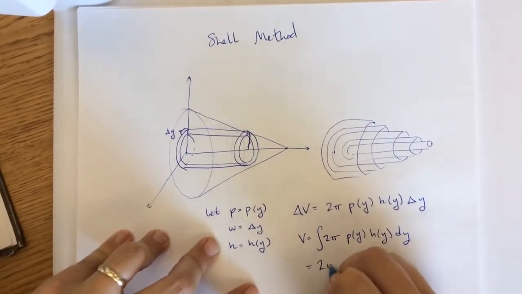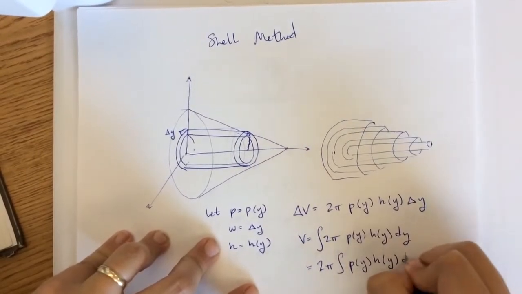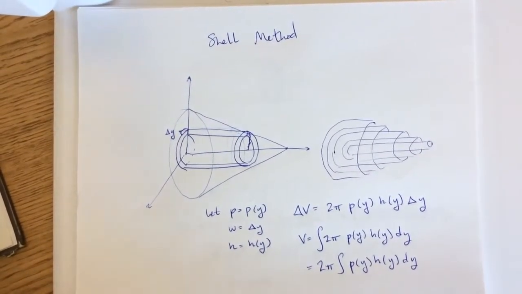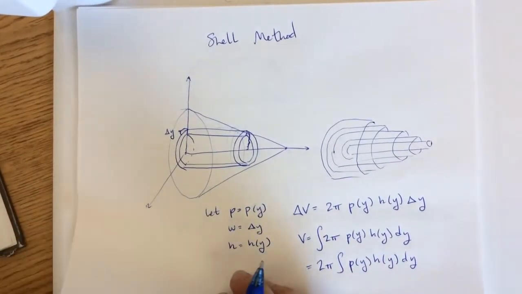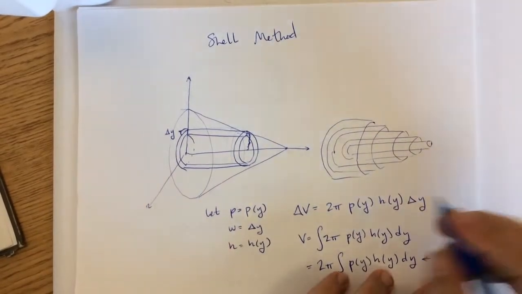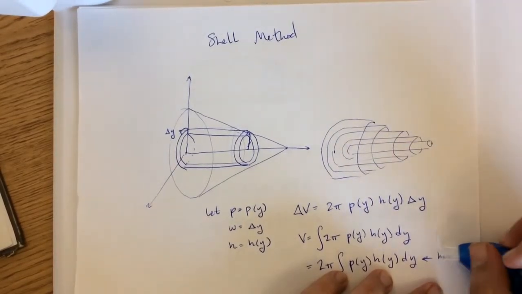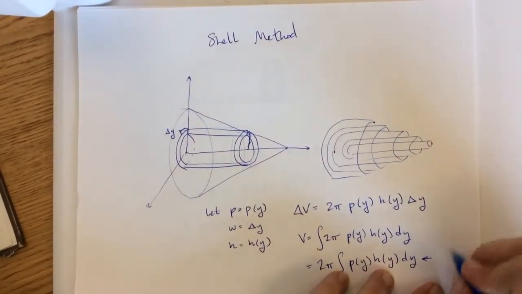And I'm going to move that 2 pi out to the front of my integral since it's a constant. Okay, so this formula gives us the shell method for computing the volume of a solid of revolution using cylindrical shells. I've given this formula in terms of y for shells made from horizontal rectangles.